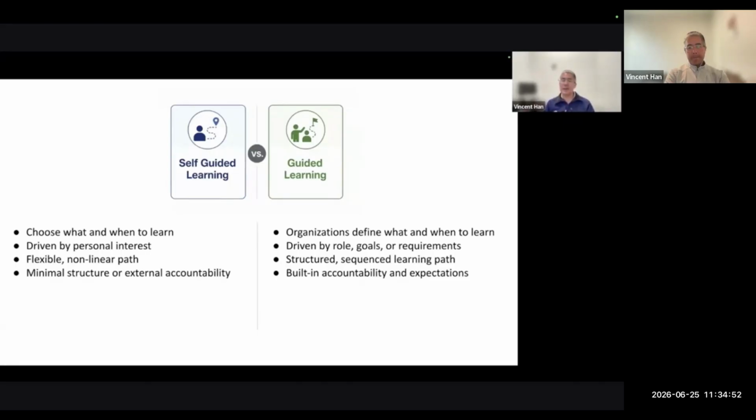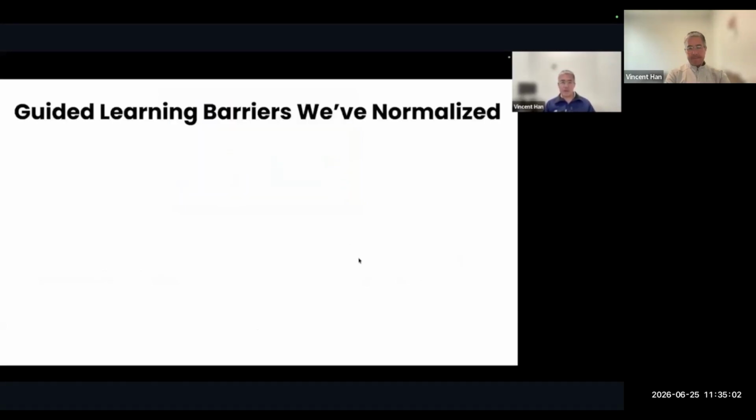So that could look like logging into a learning management system, taking a course and passing the course. And so there's some report that you've completed some learning. So within guided learning, now maybe I'm coloring guided learning as a negative thing.